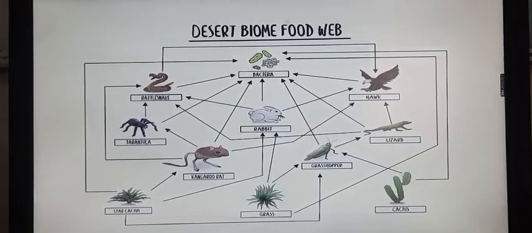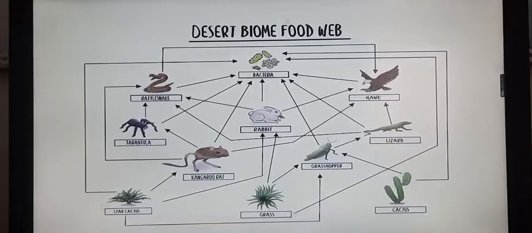So here we can see that this is one of the producers, this is following one chain, this is also one of the producers, this is following one chain. Grass, star, cactus is eaten by kangaroo rat, then kangaroo rat is eaten by tarantula, then tarantula is eaten by rattlesnake, rattlesnake is decomposed by bacteria.